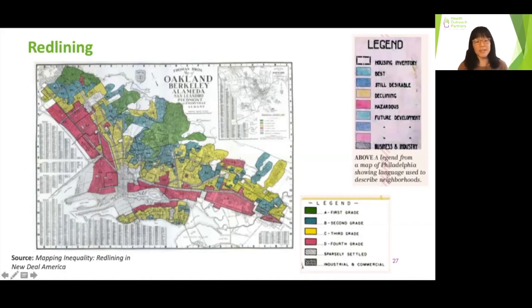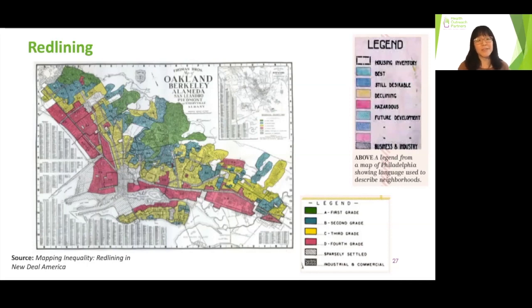Certain areas that were predominantly non-white households, Black families, non-white families, were redlined and ineligible for favorable loans. And areas where you saw mostly white families living were deemed eligible for these more favorable loans.